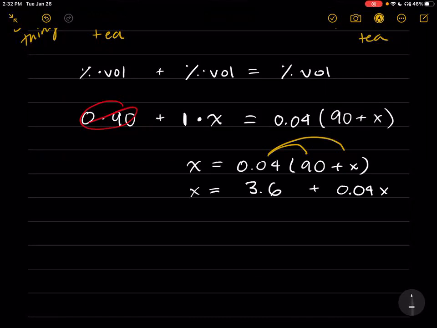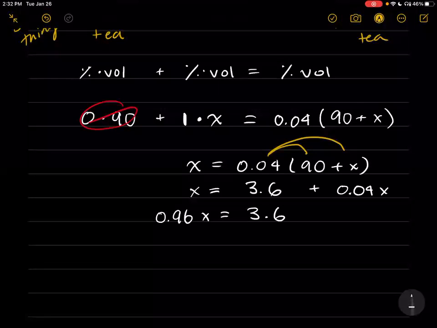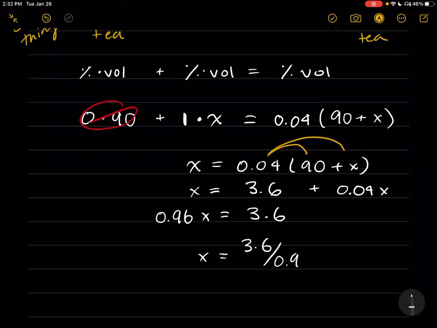Then we can subtract to move the 0.04X to the other side, and you get 0.96X equals 3.6. Then we divide both sides. X equals 3.6 divided by 0.96, which if you do out the math, is going to be 3.75 gallons.